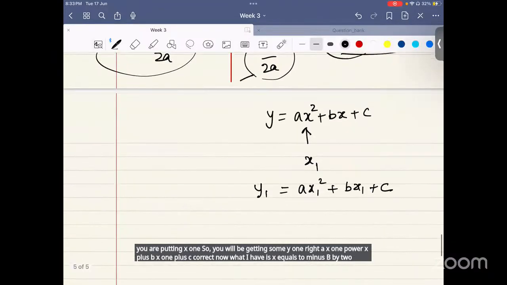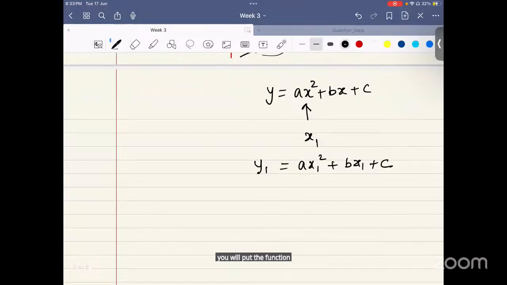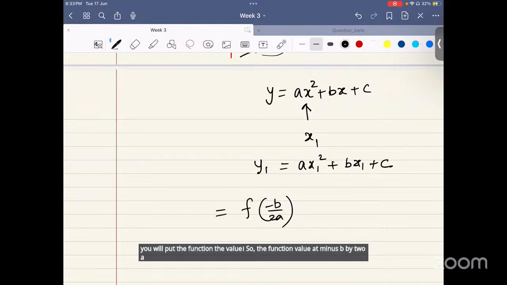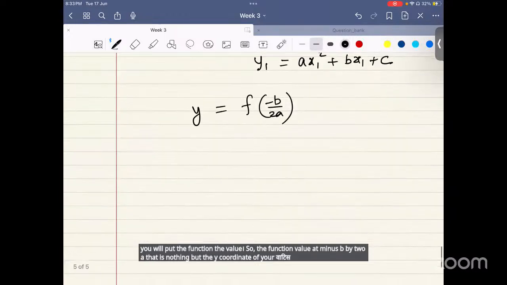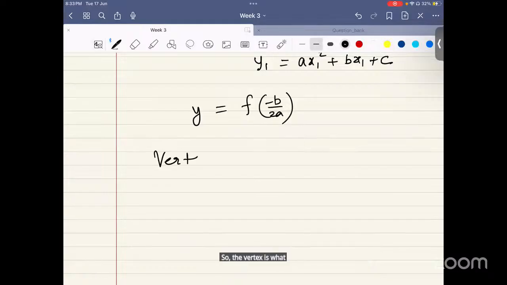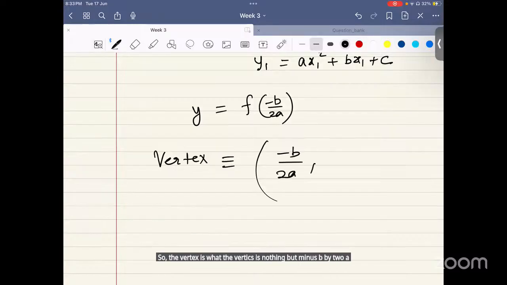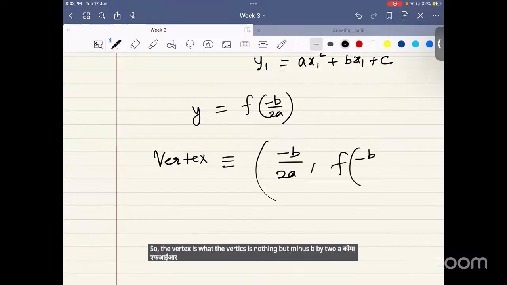So the function value at minus b by 2a is nothing but the y coordinate of your vertex. Correct? So the vertex is nothing but minus b by 2a, comma, f of minus b by 2a.